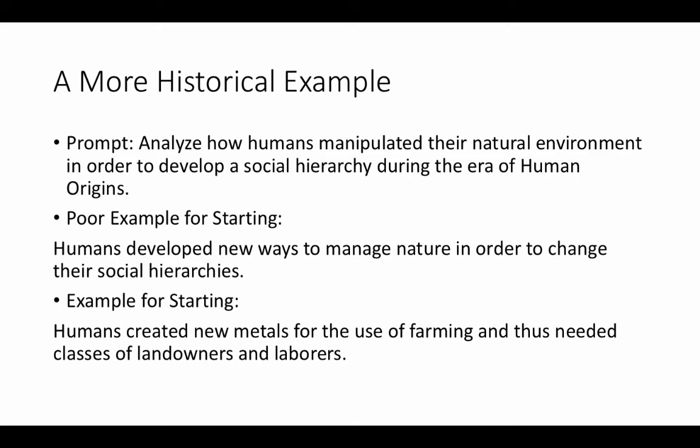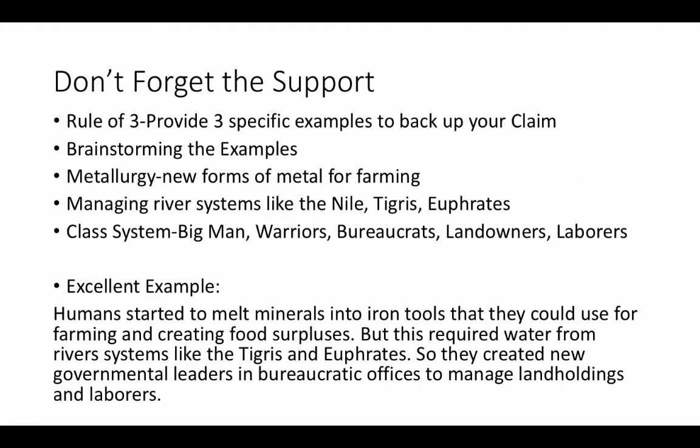Notice that this is really specific and it gives me a sense of where this argument is going to go historically. At the same time, there's a lot of evidence that I can use off of this, and it's really delving into different parts of the argument, plus it's answering all parts of the prompt. So I've got here that we created new metals. There's my technological aspect of the environment, the use of farming, classes of landowners, laborers. There's our social hierarchy.